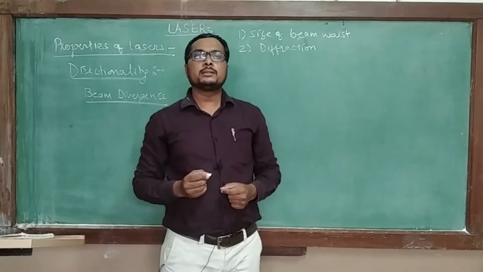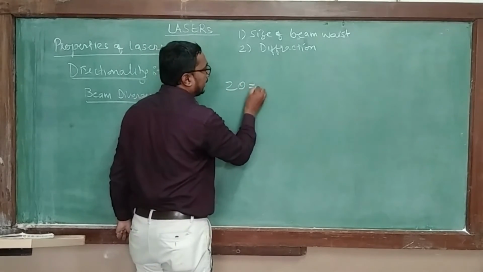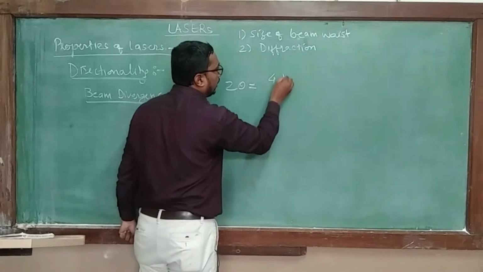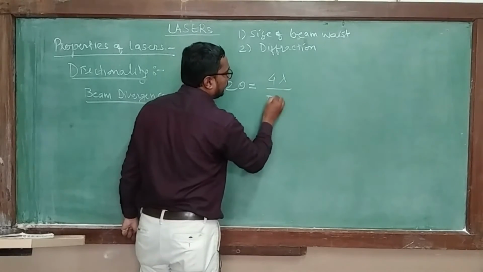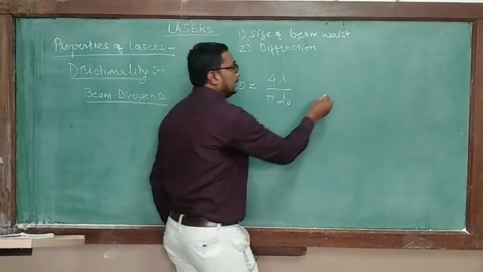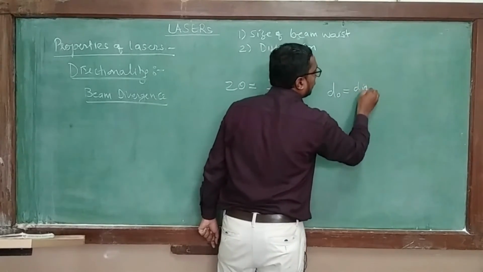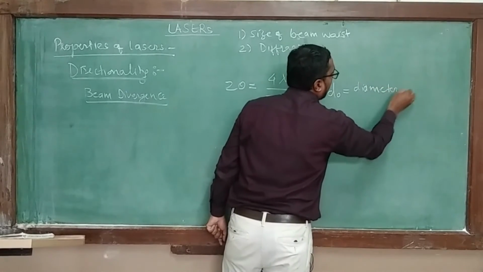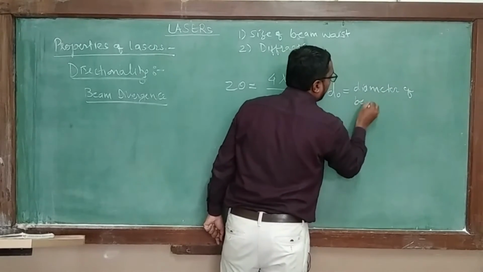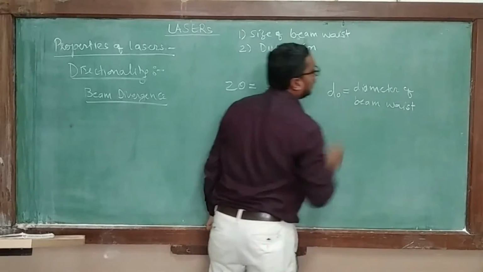The full angle beam divergence is given by 2θ = 4λ/(πd0), where d0 is the diameter of the beam waist.